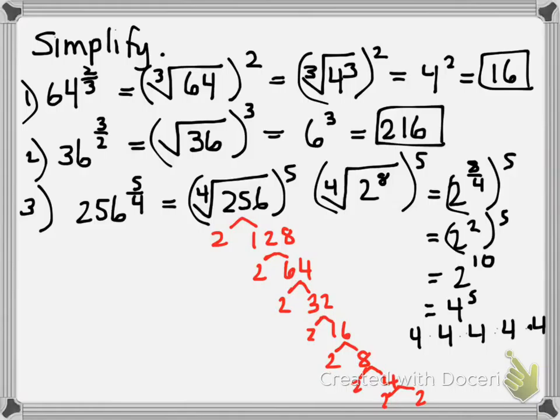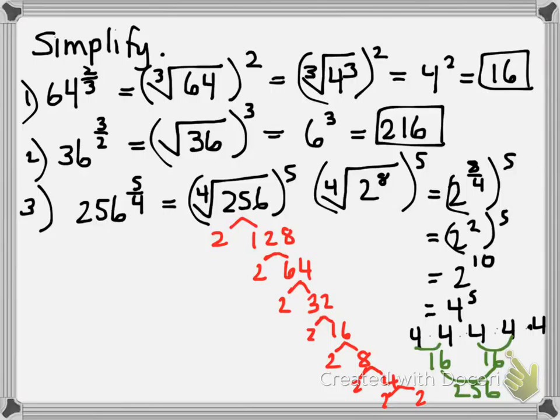So here's where I'm going to show you up a little bit, because you should know this. 4 times 4 is? 16. 4 times 16 is? 64. 16 times 16 is 256. Times 4 is 1,024. And we're back to where we started.